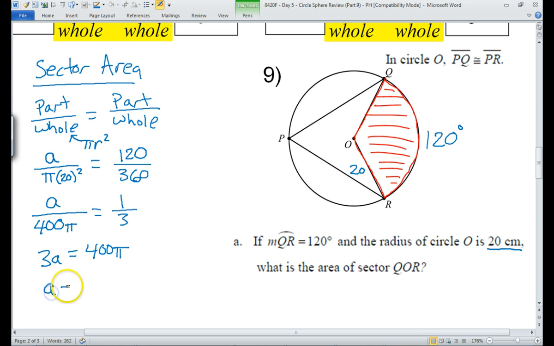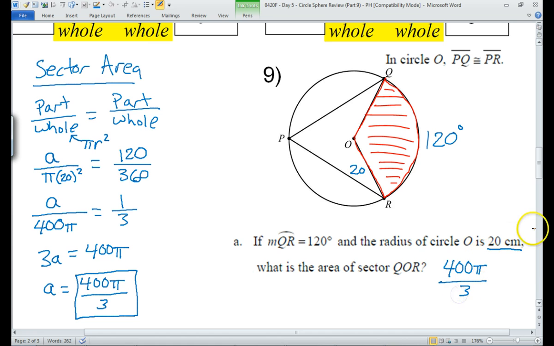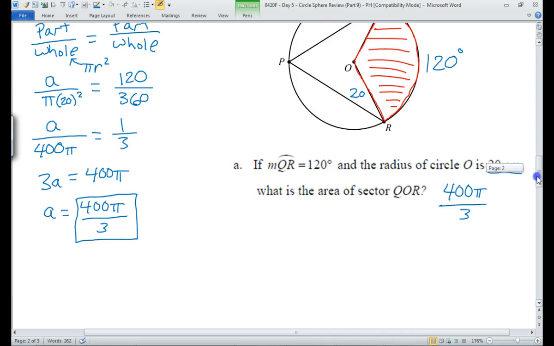So therefore the partial area, if we divide both sides by 3, is going to be 400 pi over 3. So that is the answer to part A. Okay, the area of this sector is 400 pi over 3. Of course, if they wanted a decimal in the multiple choice, we could find that as well, just by putting it in the calculator. I'll leave you to do that on your own.